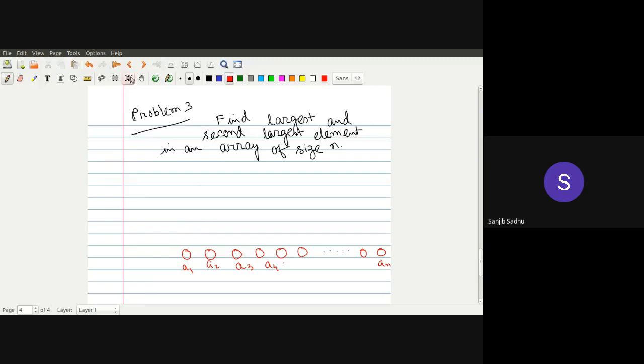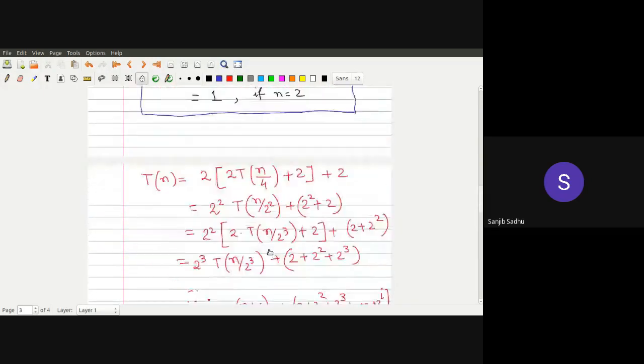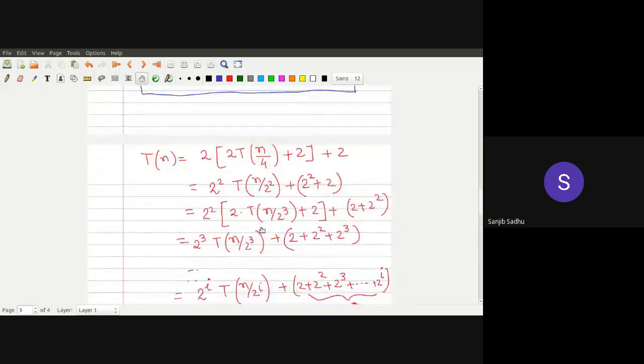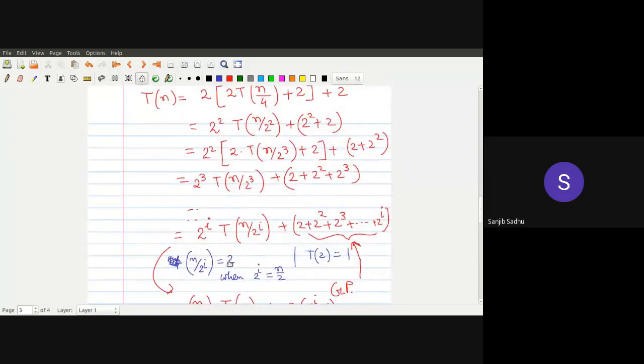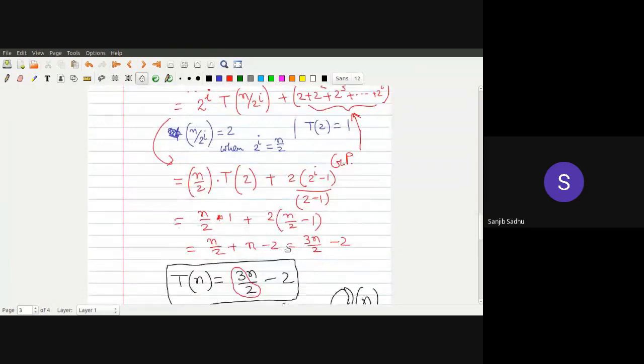Just a minute, I forgot one point. You assume that n is a power of 2, n equals 2 to the power i. It is just for calculation. It doesn't matter for the order of time complexity.